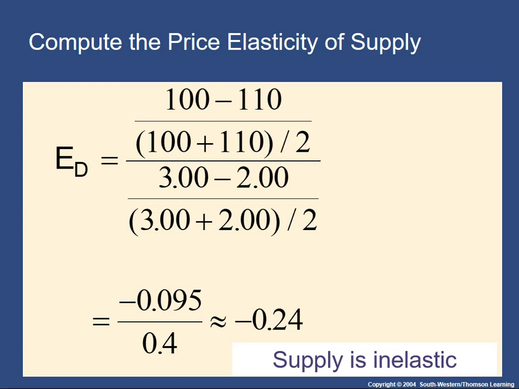And if you have something like bad weather that destroys a lot of the crop in this inelastic region, it's actually going to mean more revenue for the farmer. So that's the gist of that application. A lot of times when it sounds like something bad has happened to farmers, it actually means they're going to make more money because the price of the product is going to be driven up by a restriction in the supply.